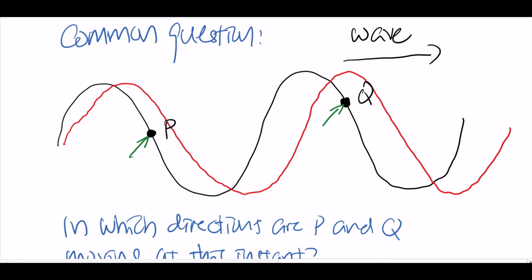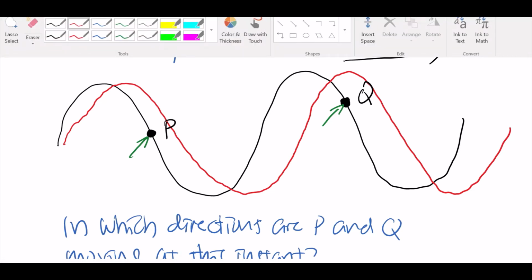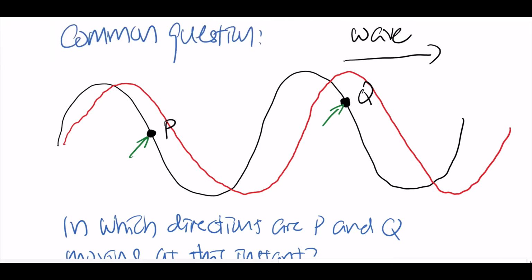It's displaced a little bit to the right hand side, and given that the red line is the new wave, where is P going to be now? P is going to be here, just above it, and you can see that P has moved upwards. On the other hand, looking at the red line, molecule Q has been pushed outwards, moved upwards to this particular spot here.